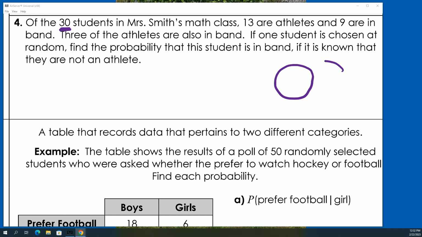All right, so let's do our Venn diagram with athletes and band members. All right, what should go where they intersect?